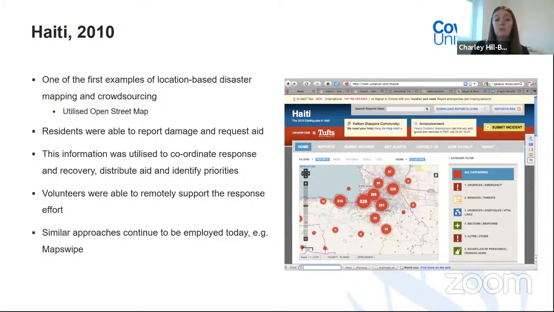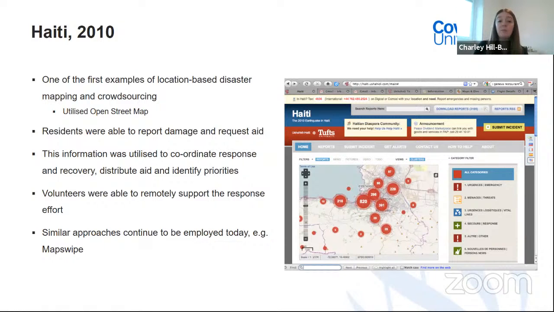So one of the examples where crowdsourcing has been used is in Haiti. So in the 2010 earthquake in Haiti.